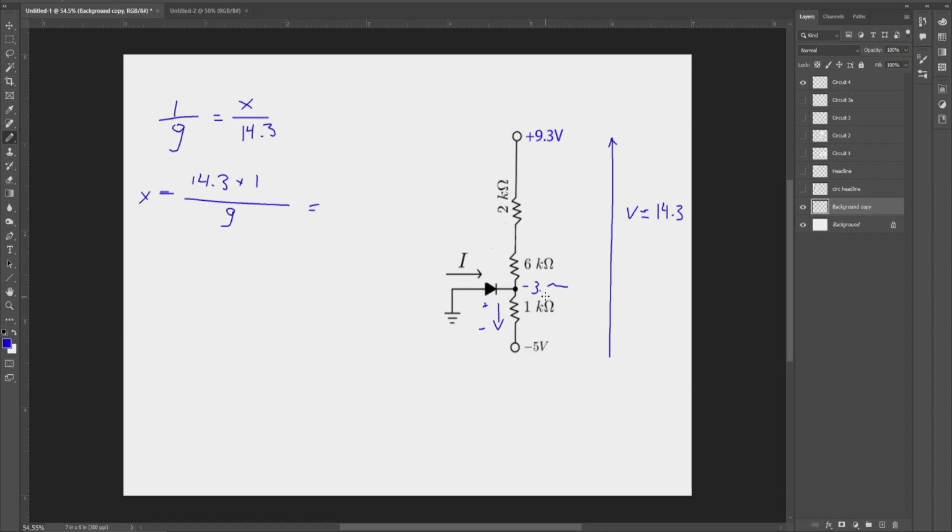Which means that this puts a completely different paint job on things, because since this diode is not connected, this is what we have, like minus 3, which is lower than 0, which means the diode conducts, which means that automatically we're going to have minus 0.7 volts here.